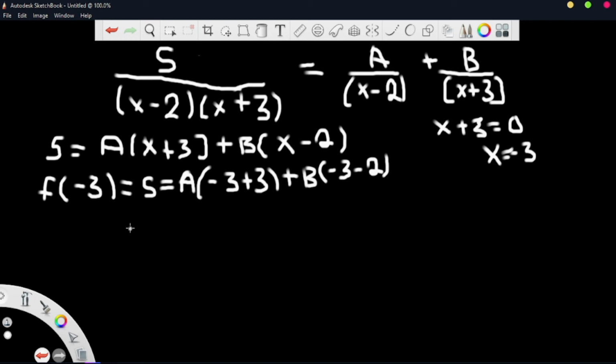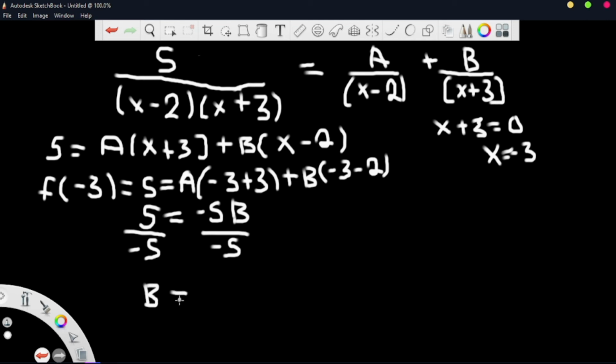Notice that straight away I'm going to have a 0 here, and a times 0 is basically 0. So I can have my 5 being equal to, this is always 0, and then negative 3 and negative 2, that is going to be negative 5b. And then I can divide both sides by negative 5. So my b is negative 1.